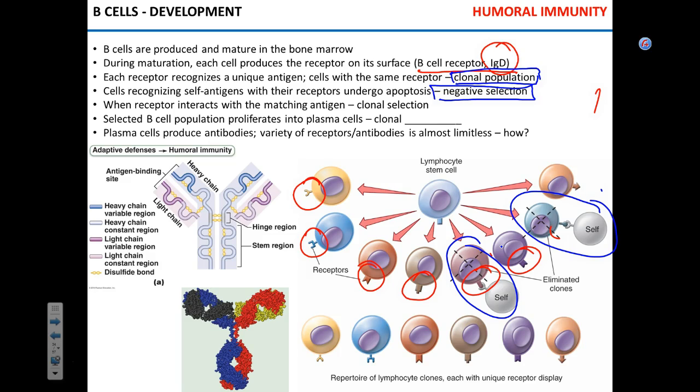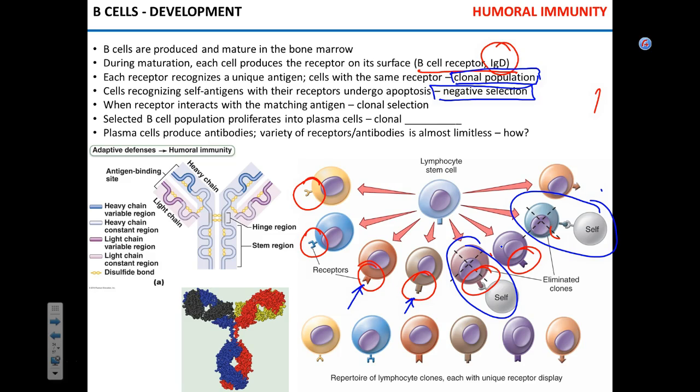You have millions and millions of different clones of B cells. And each clone, or clonal population, has a very specific, very particular receptor on its surface. Do you understand what I'm trying to say?